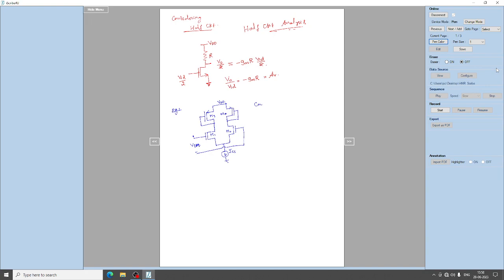Now, calculate the differential voltage gain for the given circuit. Assume the channel length modulation of the transistor is not equal to 0, right? So this is one of the examples that we consider.